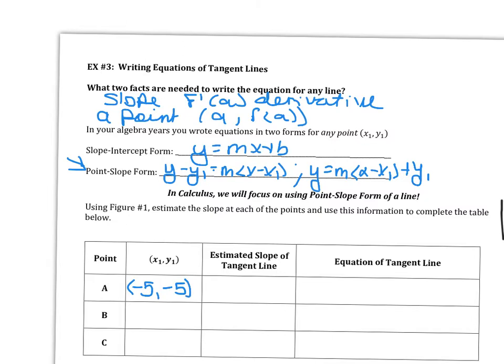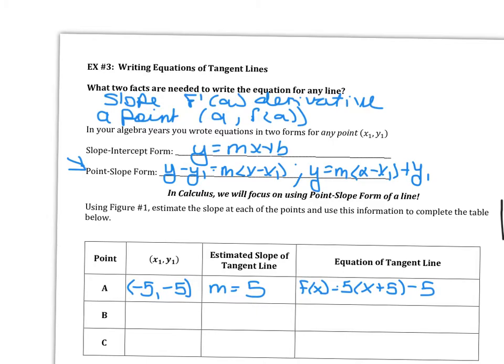When they found the slope, they were estimating it to be 5, going up 5 over 5. So if we did the equation of this, f of x is going to be equal to, let's just plug it in, 5 times x plus 5 minus 5. So that would be our equation for that one.